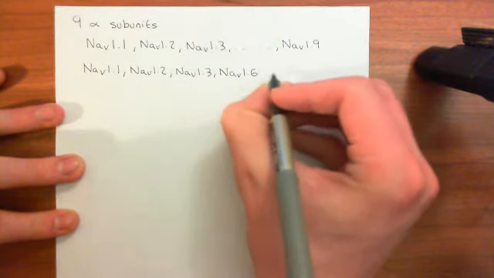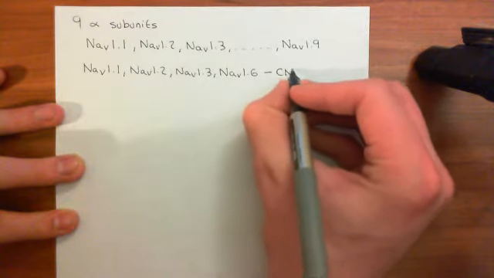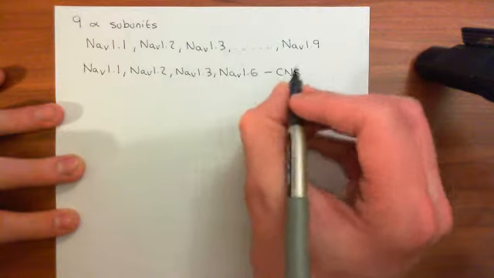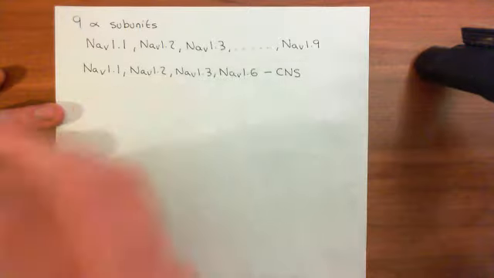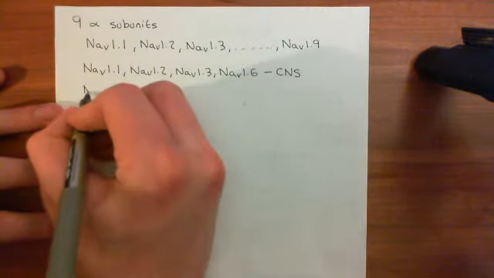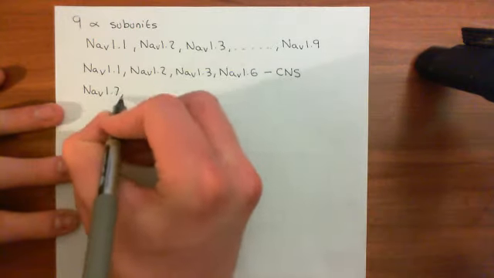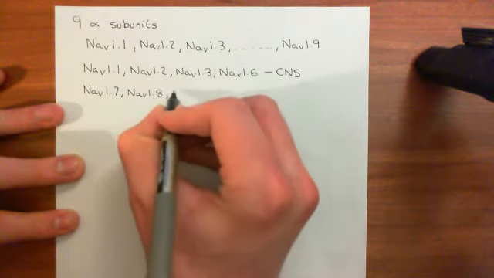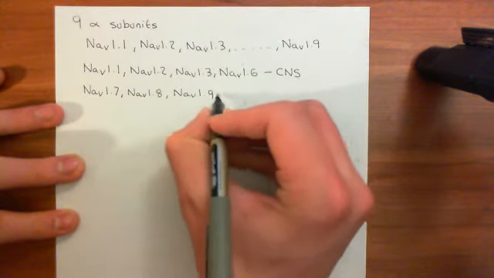So in neurons within the central nervous system, these are the sort of alpha subunits that you have. Whilst in the peripheral nervous system, the alpha subunits that you find are NAV 1.7, NAV 1.8, and NAV 1.9. So these three are the forms that you find within the peripheral nervous system.